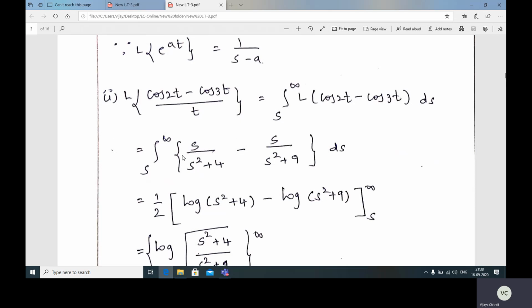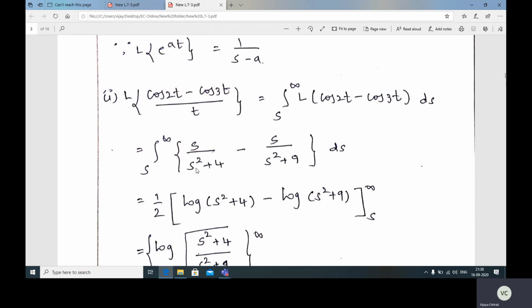So here, if you take this as f of s, the derivative of this will be 2s, but here we have s. And here also 2s we need, but here we have s. So whatever you multiply, divide by 2.